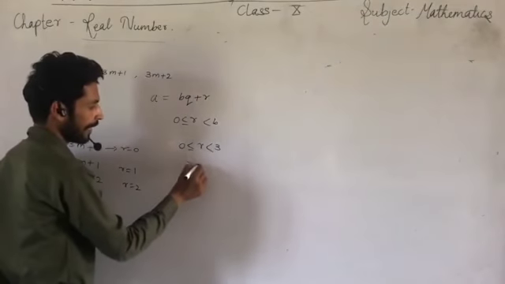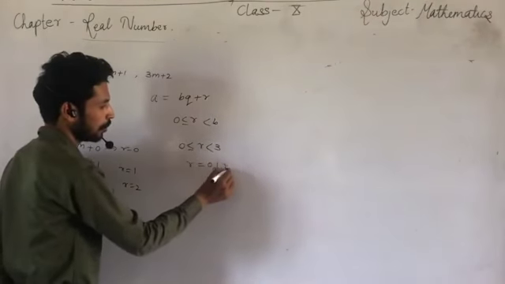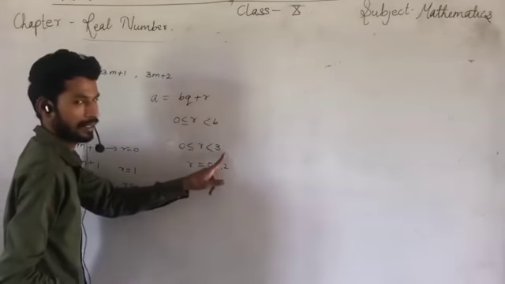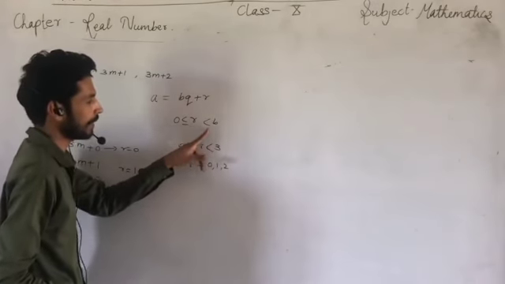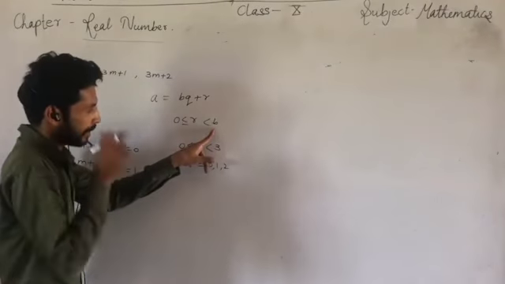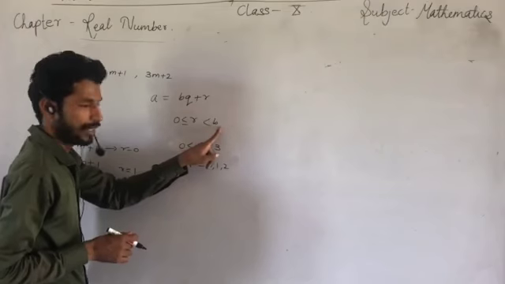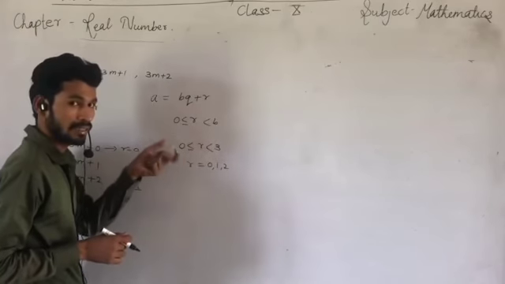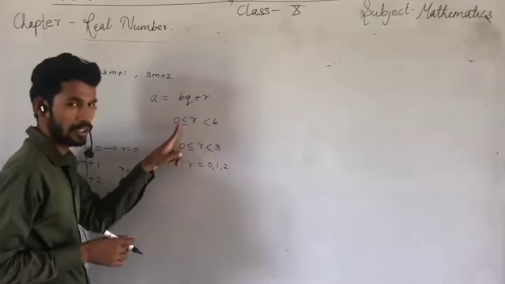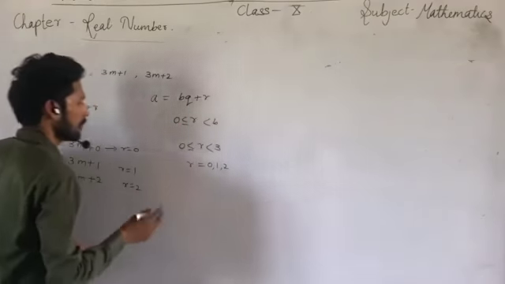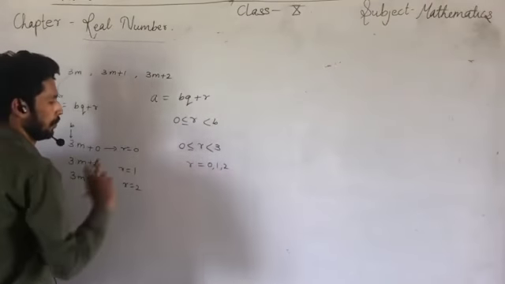So the value of R equals 0, 1, 2. But we don't go for 3, because there is a relation between R and B which tells that the value of R will be less than B, but it can be equal to 0 or greater than it. So R equals 0, 1, 2.